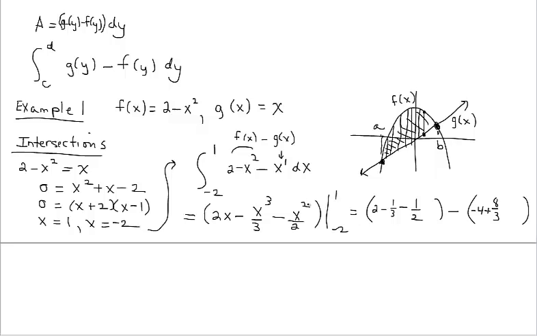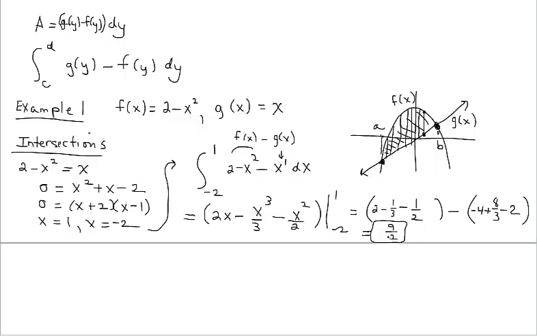And plugging in -2 and squaring it gives us 4 over 2, so -2. Let's clean all this up, and when all that is said and done, we get 9/2. So that's the area in the region. No mistake was made. We do have a positive number here, 9/2.